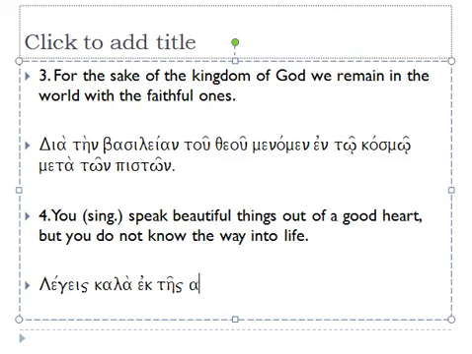Let's go with agathos as our adjective. Agathes kardias. Again, we could have said ek tes kales kardias, or ek tes kardias tes agathes would also work. So there are multiple options.